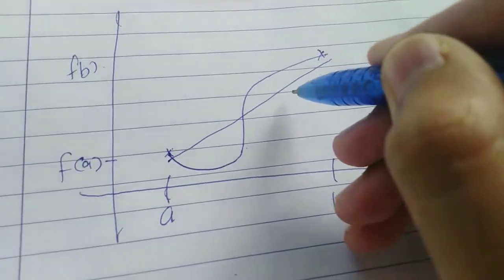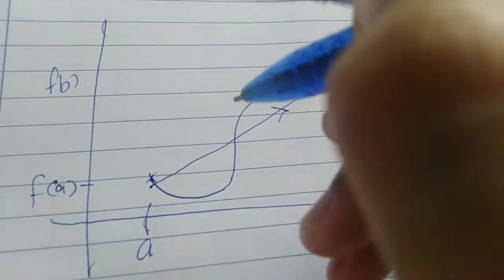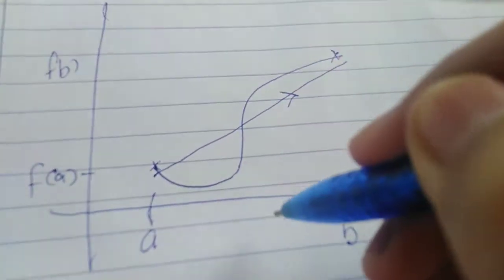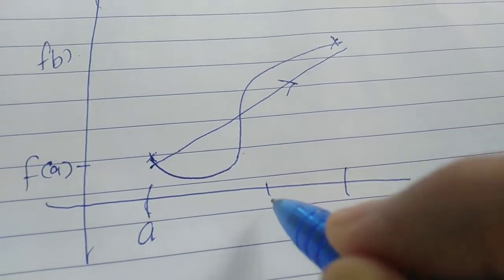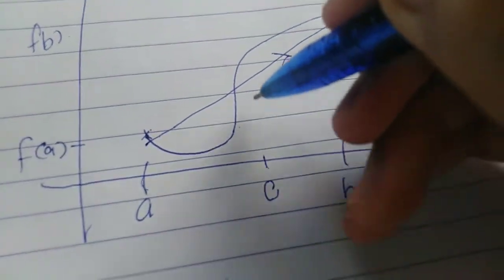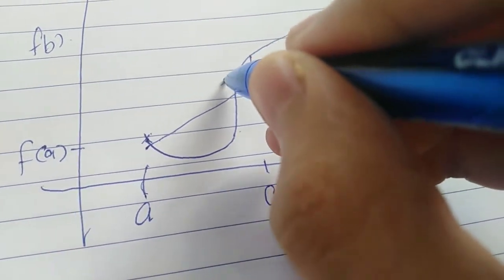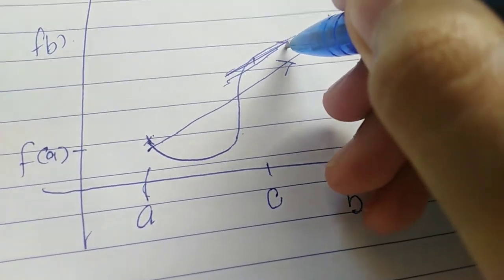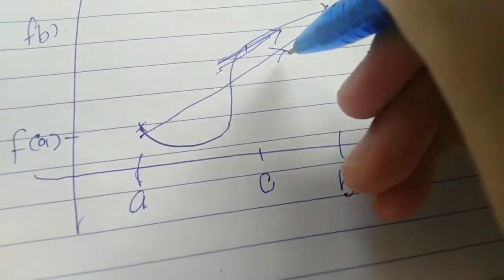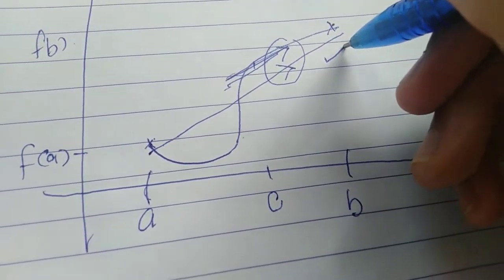This is the secant line of the graph f(x), and we make one point c around this interval. So I make it here, c. This is c, and the gradient of the graph at point c is parallel to the gradient of the secant line of the graph.